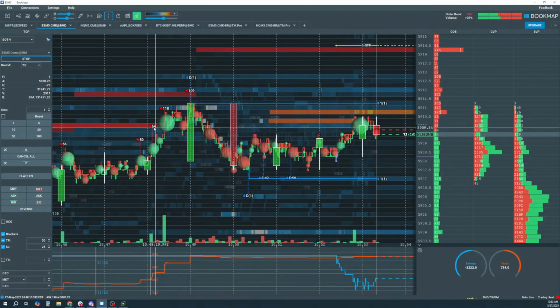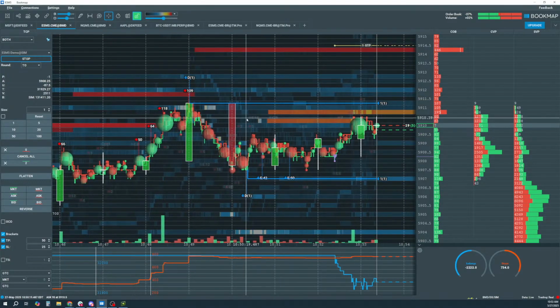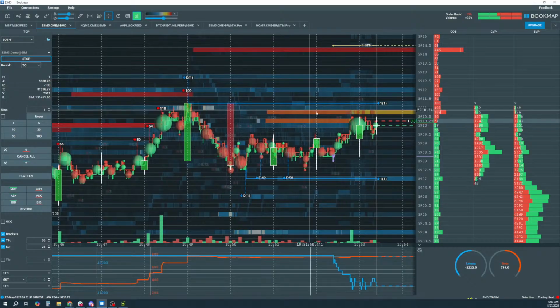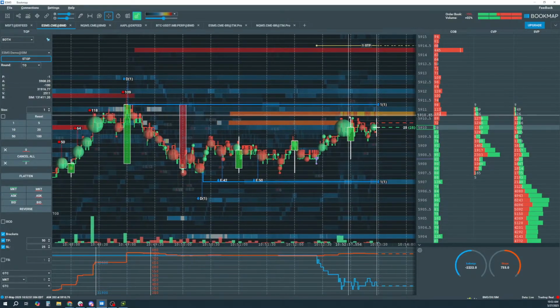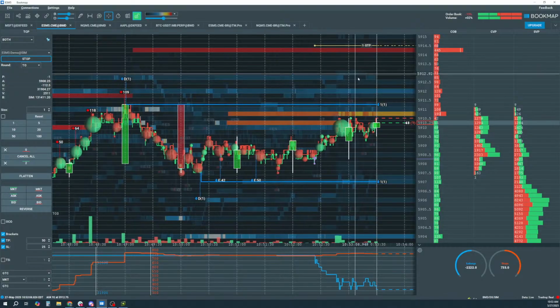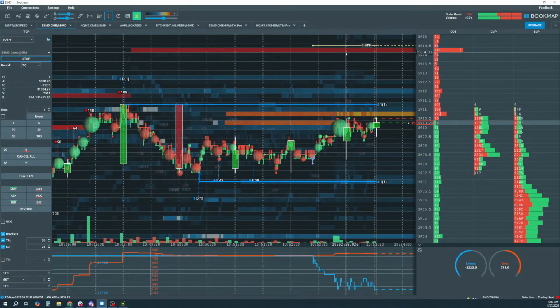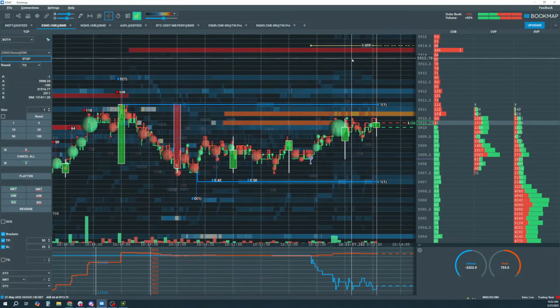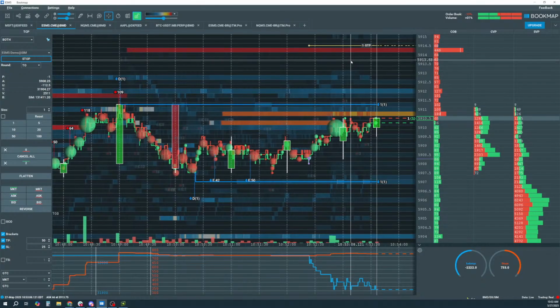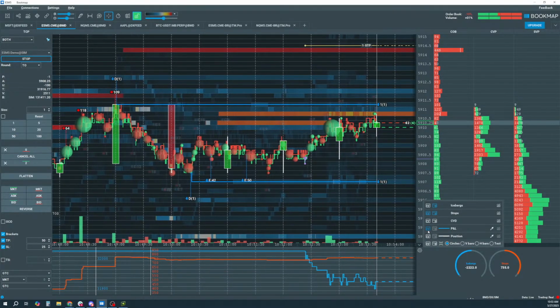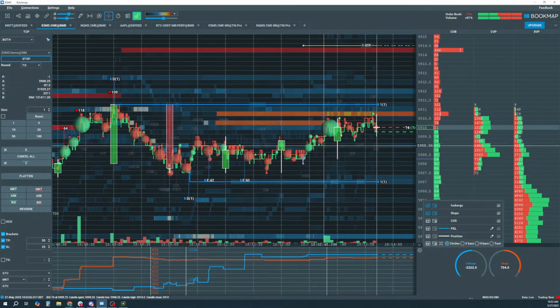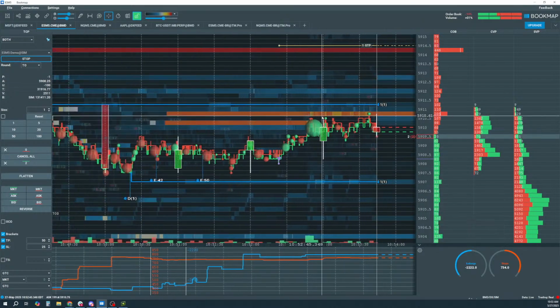But we do have high liquidity at our level, and it just transacted again up here. And we had a stop run too. Looks like we have some icebergs in here. Let's see. Some buying icebergs here.